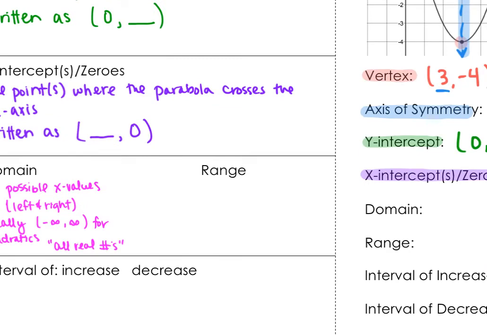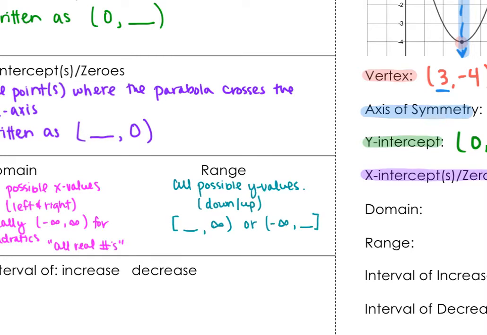Okay, so for range, it's all possible y values. So for this one, we look down and up to find that. So this is always going to be written like this or like this. So this is interval notation. This number is going to be the y value of the vertex.